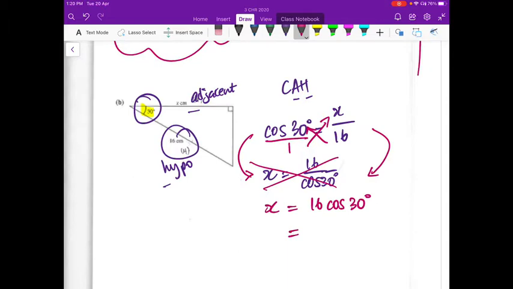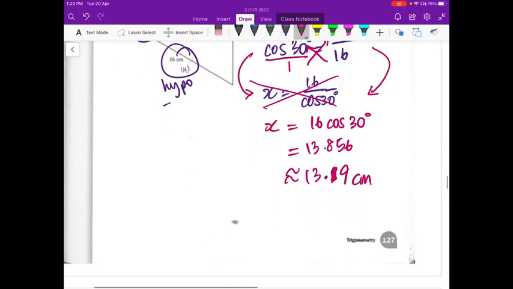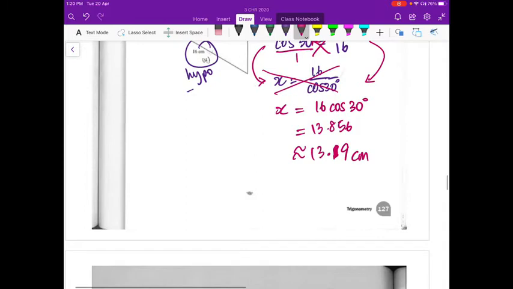Okay, 16 cosine 30. So 13.9 cm. Okay, this will be in 3SF.